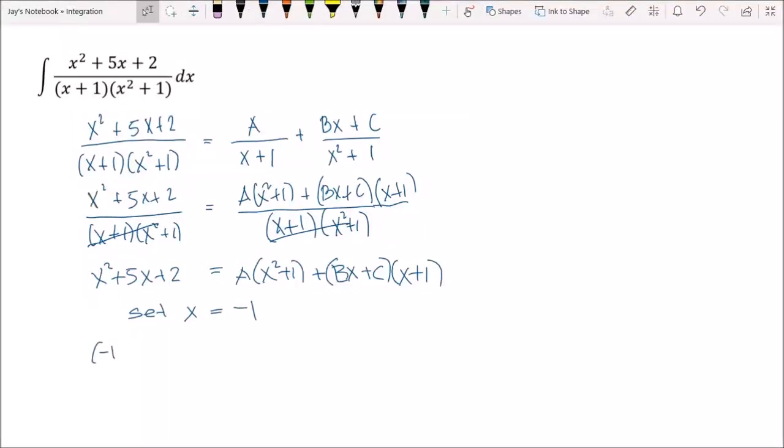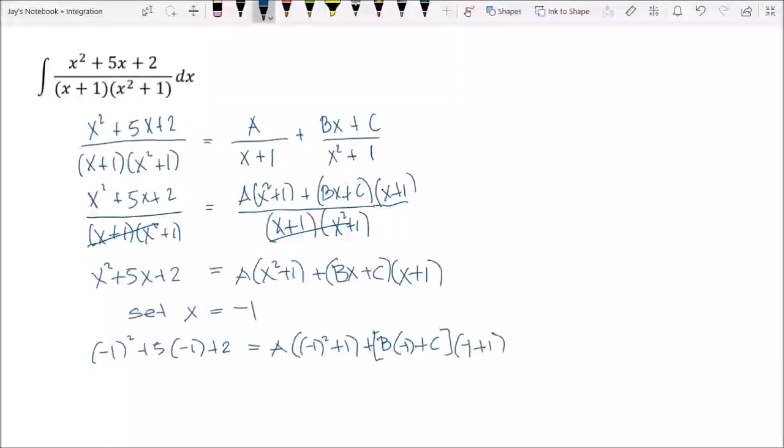So we have negative 1 squared plus 5 times negative 1 plus 2 is equal to A times (negative 1 squared plus 1) plus (B times negative 1 plus C), then times (negative 1 plus 1).